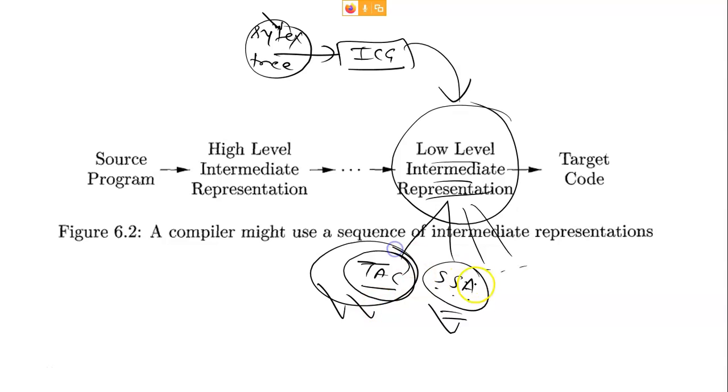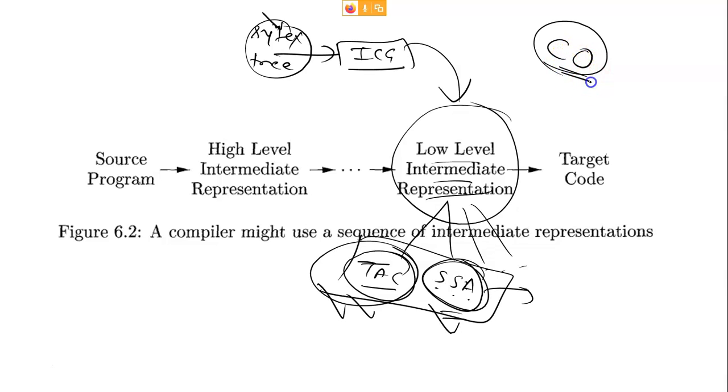Why are we studying these two things? Because my main motive is to teach compiler optimization. In the compiler optimization phase, most of the time 3 address code and SSA are the two intermediate representations on which optimization can be performed very efficiently.